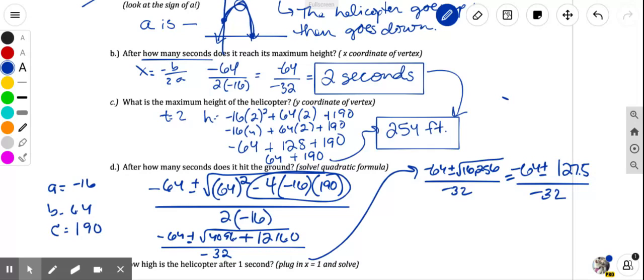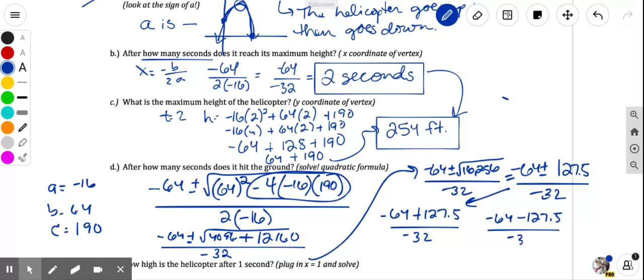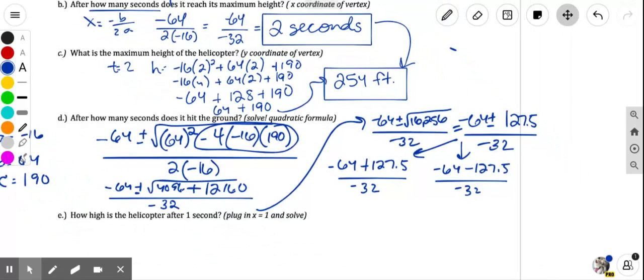Okay, so at this point we can split it into the positive and the negative. So we're going to have negative 64 plus 127.5 over negative 32, so this is the first one, and then negative 64 minus 127.5 over negative 32. So you always have your positive and your negative, and that gives you your 2 solutions.